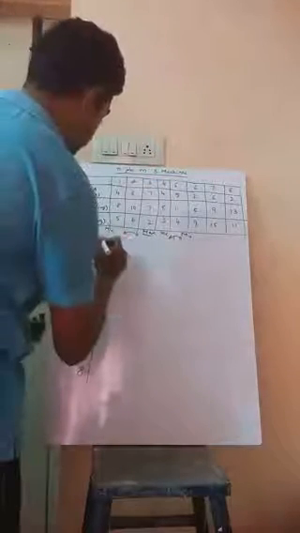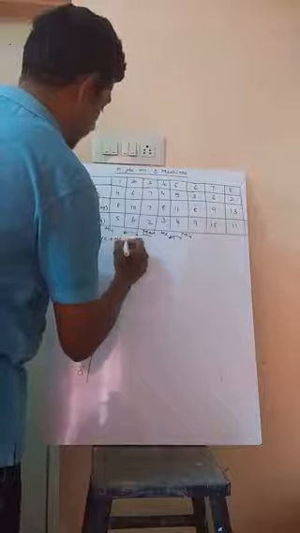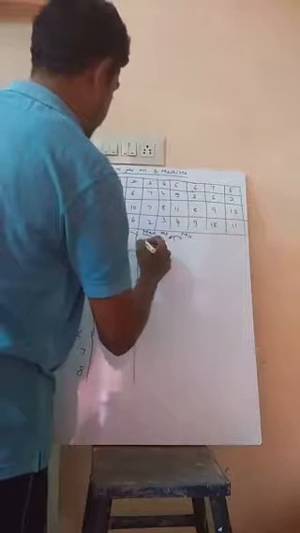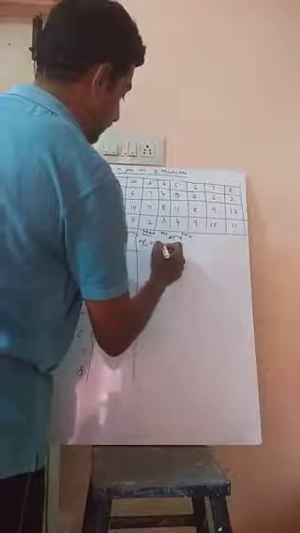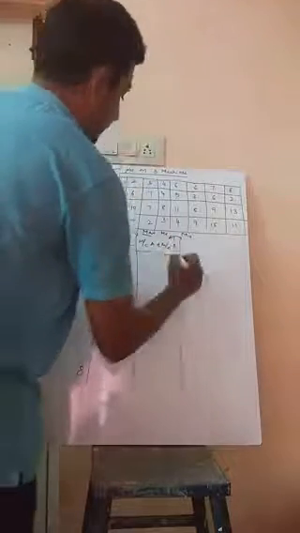First one is machine C plus machine A. Next one is machine A plus machine B. It will be in the form of CAB.